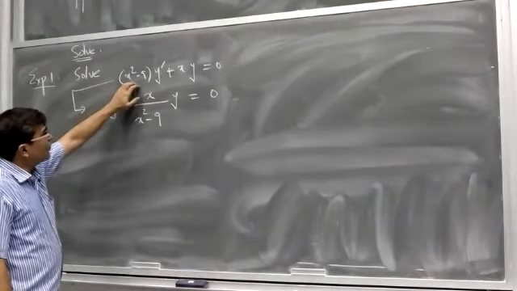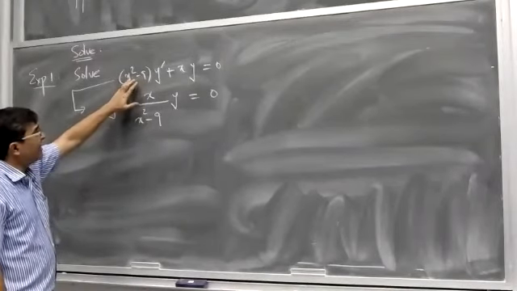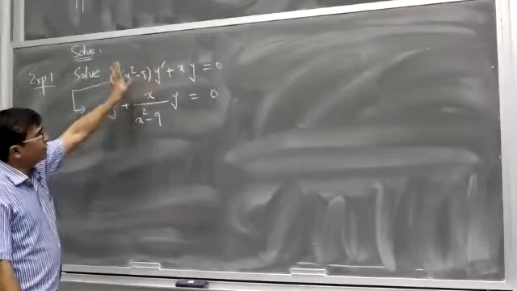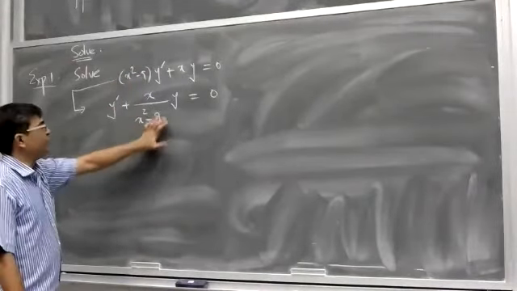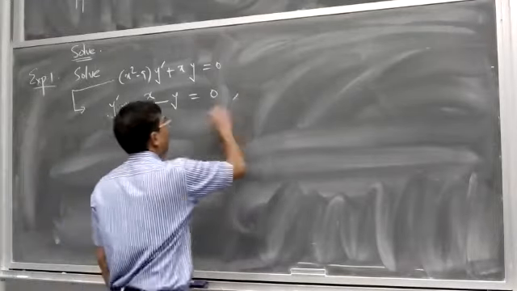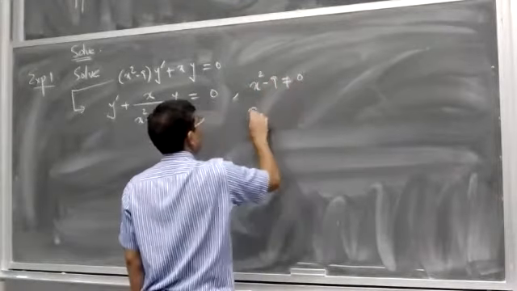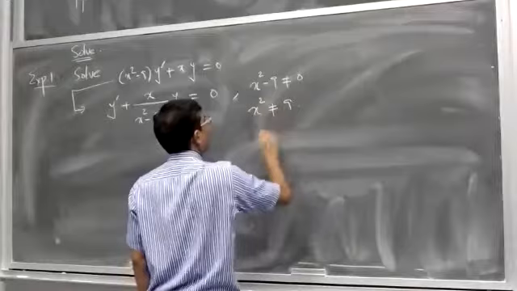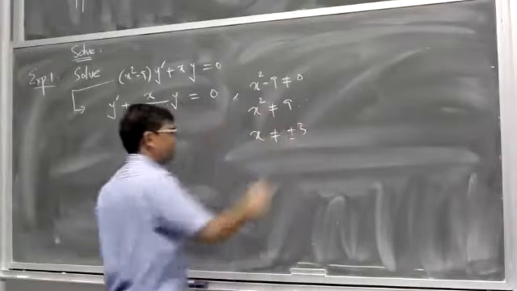You look at this coefficient x squared minus 9. When you divide this equation throughout with x squared minus 9, then this factor could be 0. So you have to mention here that x squared minus 9 should not be equal to 0, means x squared should not be equal to 9, means x should not be equal to plus minus 3.